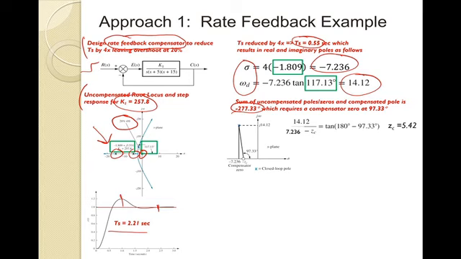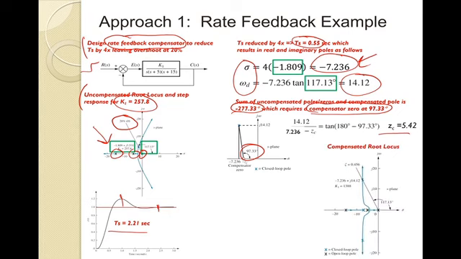So we're going to need a compensator zero to contribute based on that 97 degrees, that angle that we have there. As we design that compensator zero, we can find it to be at about 5.42, just to the left of the sigma value for our dominant pole. So we have our compensator zero.